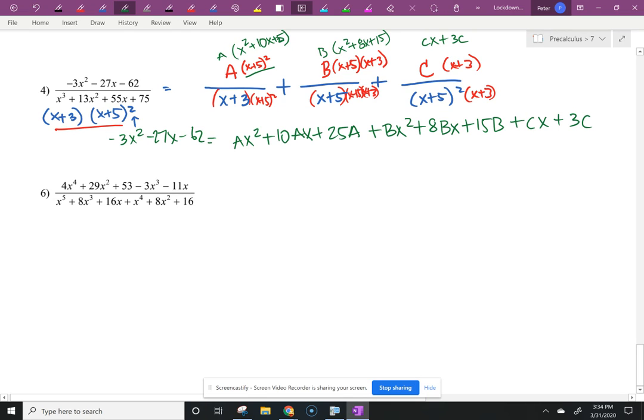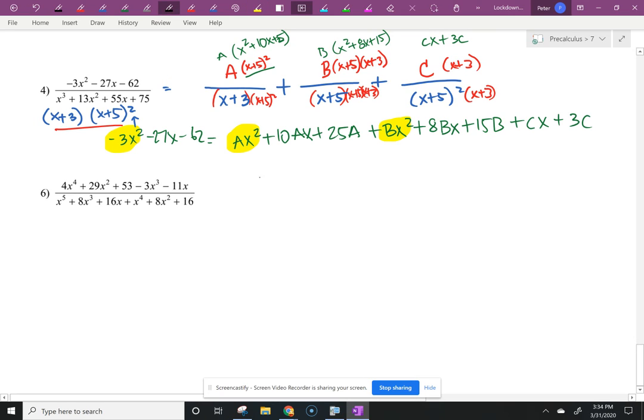Now the fun part is this obvious observation that you have no idea what a, b, and c are going to be. That's a very difficult thing to figure out. Well, you can simplify this down. This is in front of x squared, this is in front of x squared, and those two sides are equal.